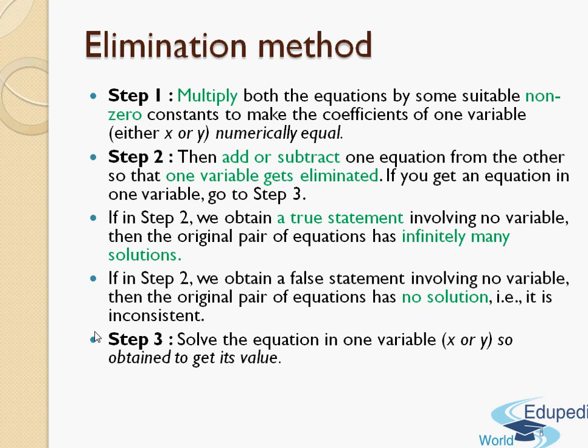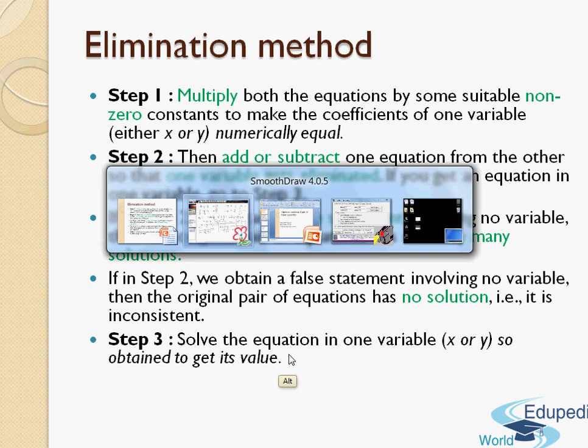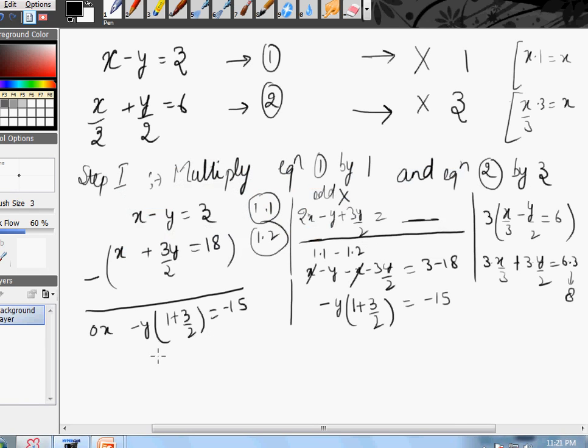Thus, moving on to step 3, because we are getting one variable in our equation, solve the equation in one variable so obtained to get its value. Thus, we have to do nothing but solve this particular equation.